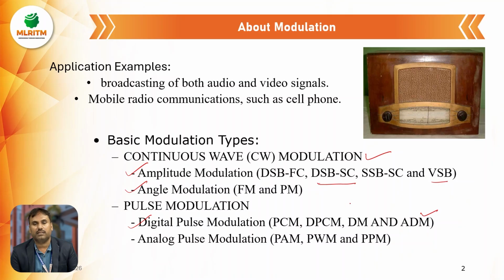Every modulation has its own importance. Why do we go from DSBFC to DSBSC, from DSBSC to SSBSC, and then from SSBSC to VSB? Every modulation scheme has its own importance. In this lecture, we study double sideband with full carrier, which is also called amplitude modulation.